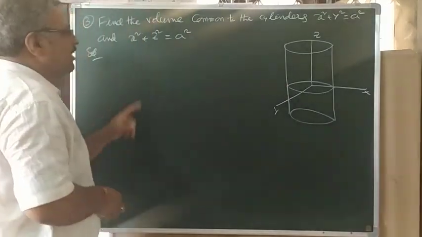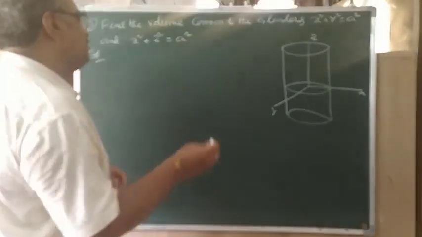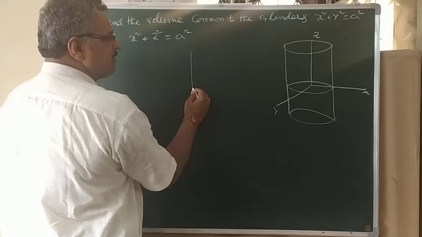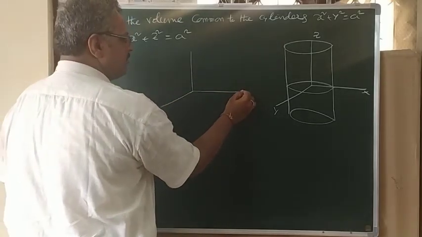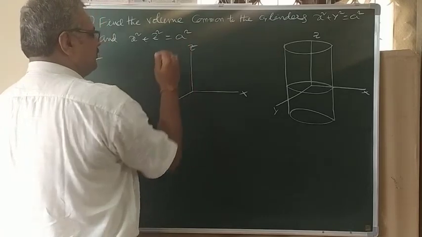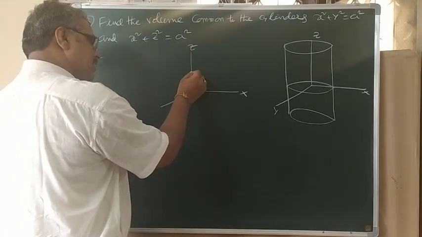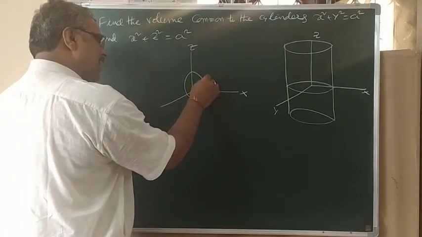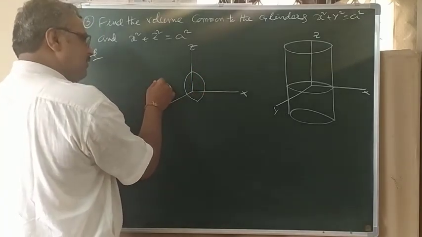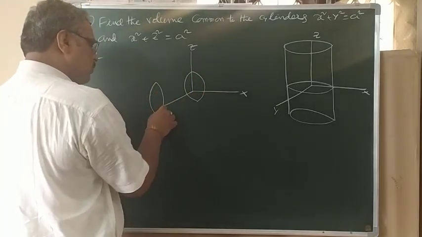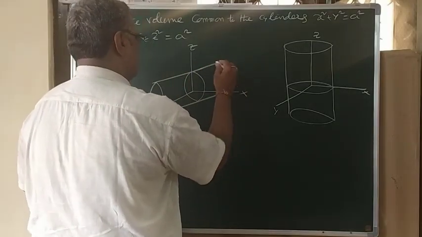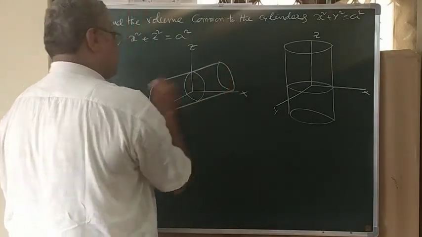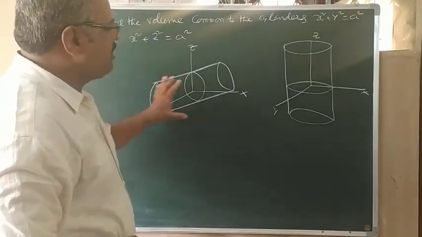In a similar way, x square plus z square equals a square is also a cylinder in the xz plane. Now extend to the y-axis. This is the cylinder. So combine these two.